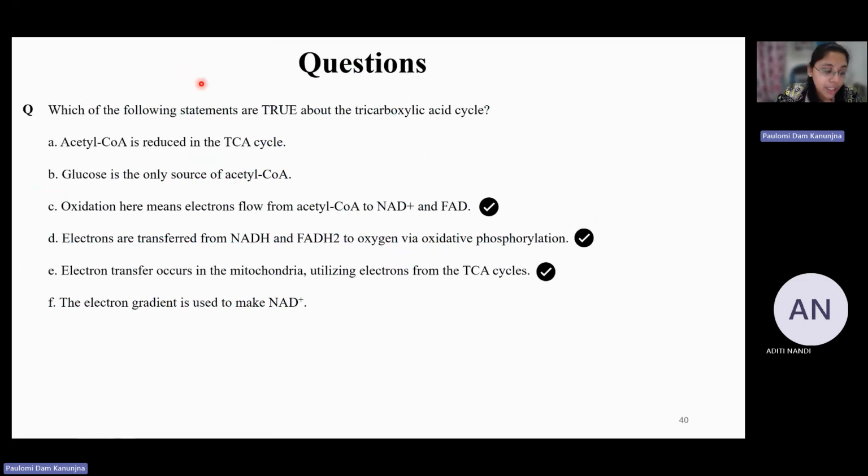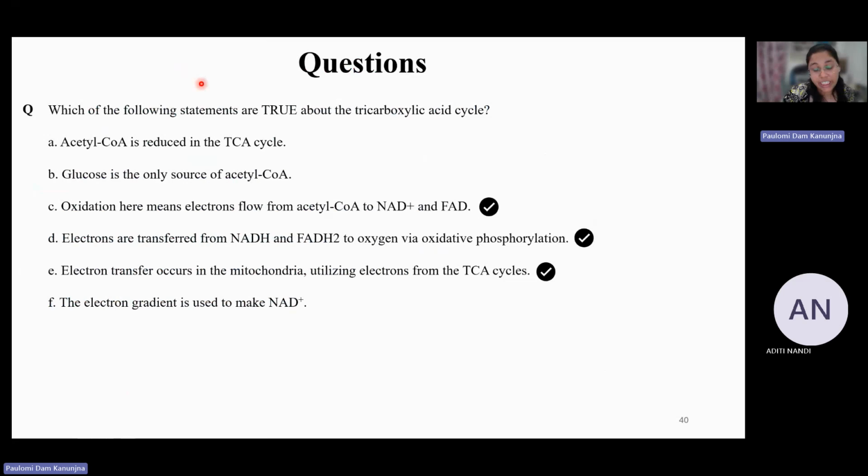And lastly, the electron gradient is used to make NADH, which is incorrect. It's not an electron gradient that is used to make NAD plus.